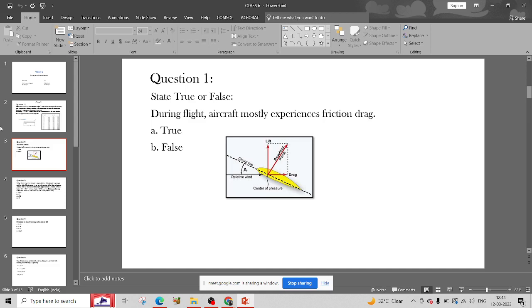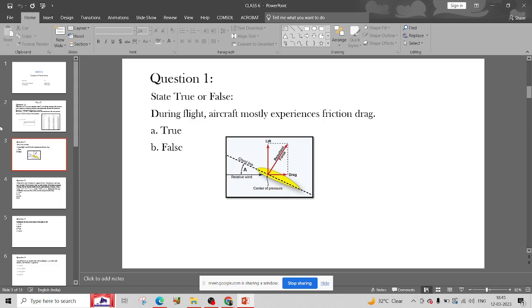Okay, so how? Let me show you with a few diagrams. If there is a disc and the stream is coming from here, it will be like this, and there will be a large turbulent wake for the disc.